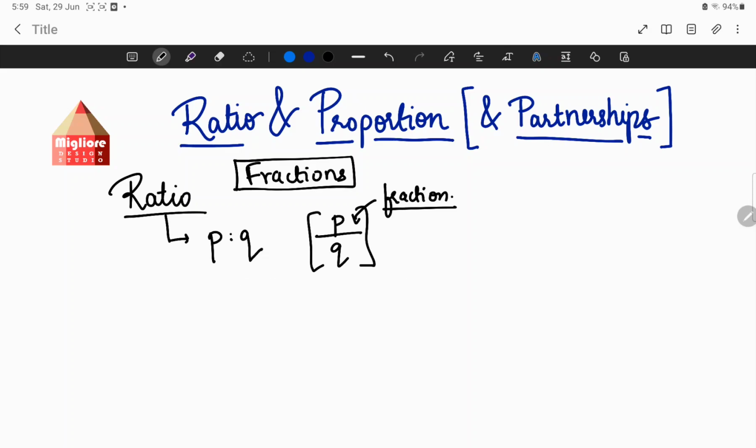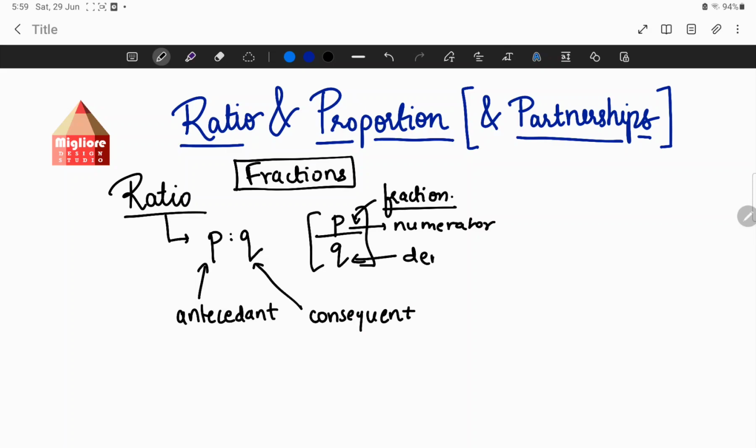So what do you mean by P and Q? P is called the antecedent, which corresponds to the numerator, and Q is the consequent, which is the denominator.